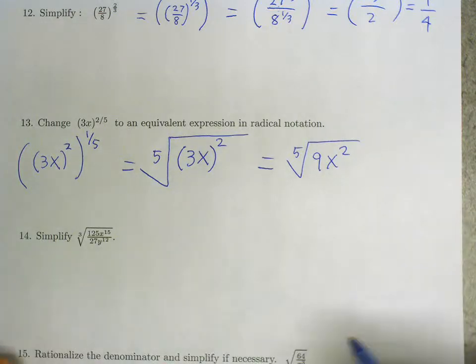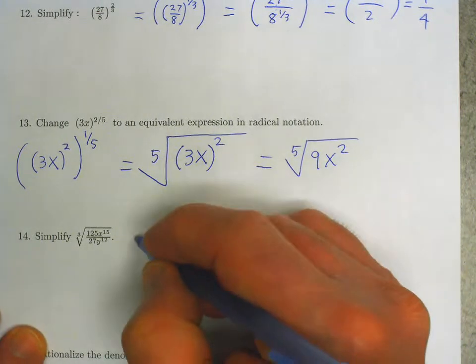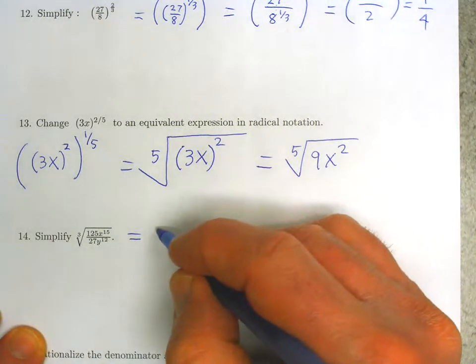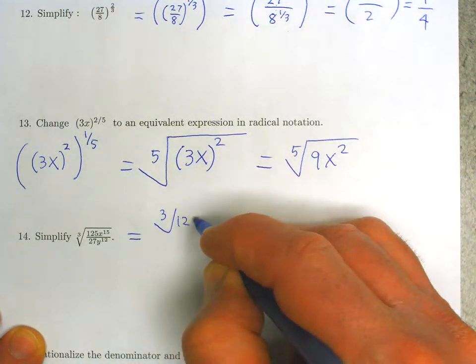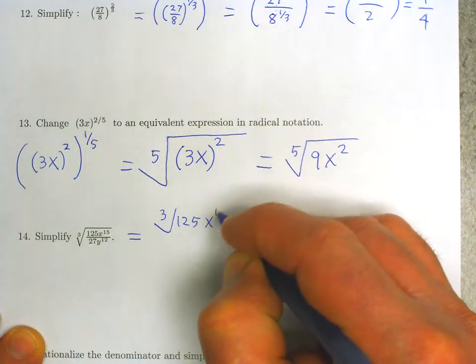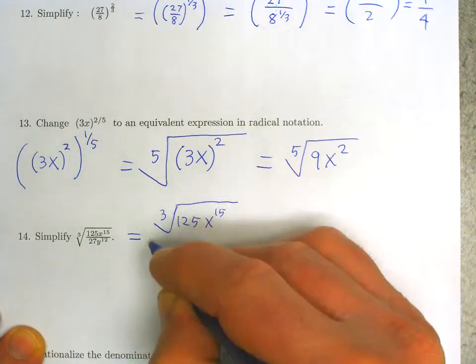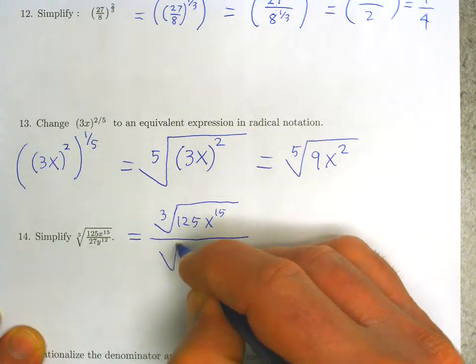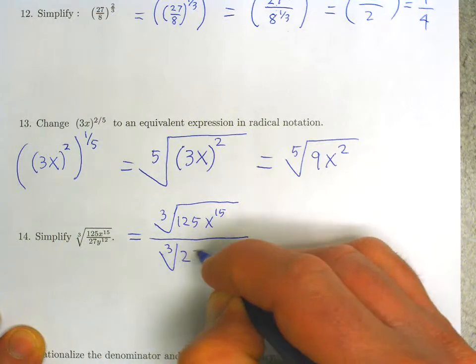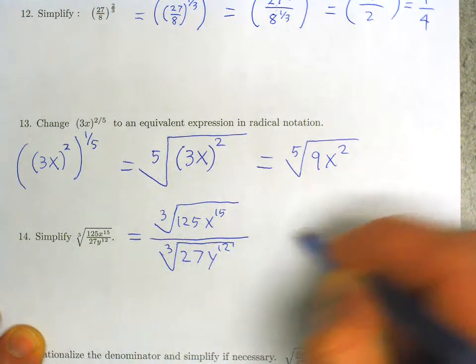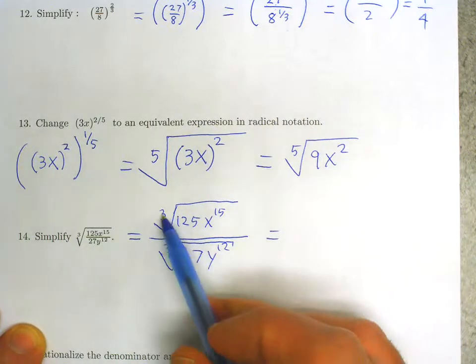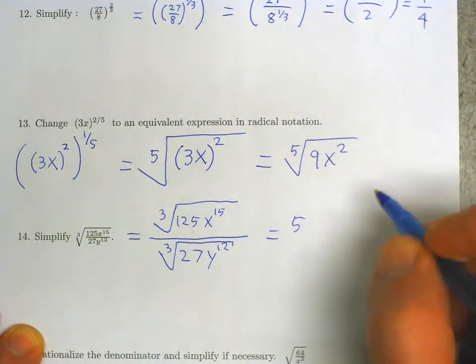You can simplify it all at once if you want, or you can do it in a couple of steps. You can rewrite the numerator as the cubed root of 125x to the 15th divided by the denominator, which is the cubed root of 27y to the 12th. And as we already noted, the cubed root of 125 is 5.